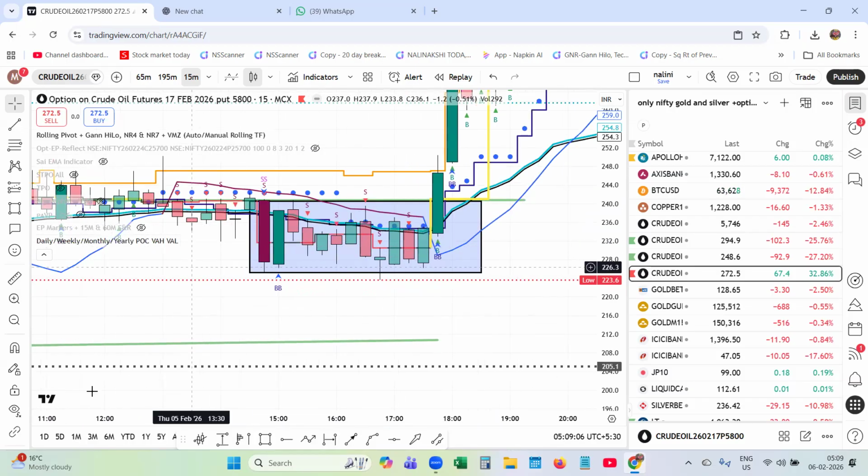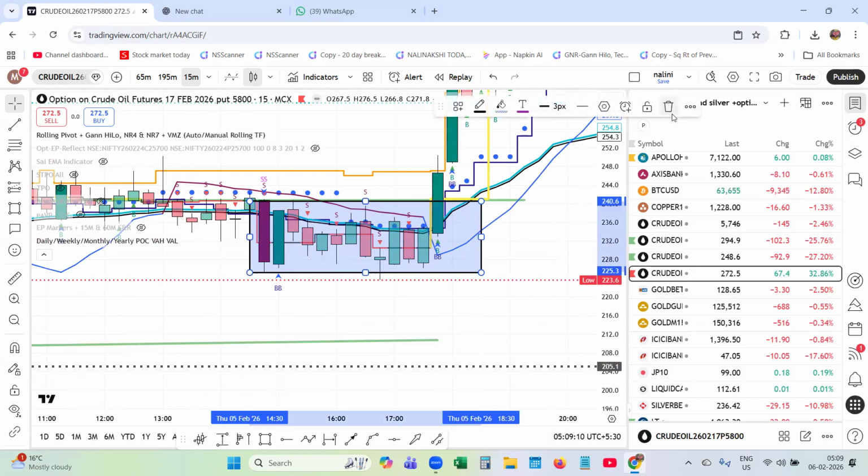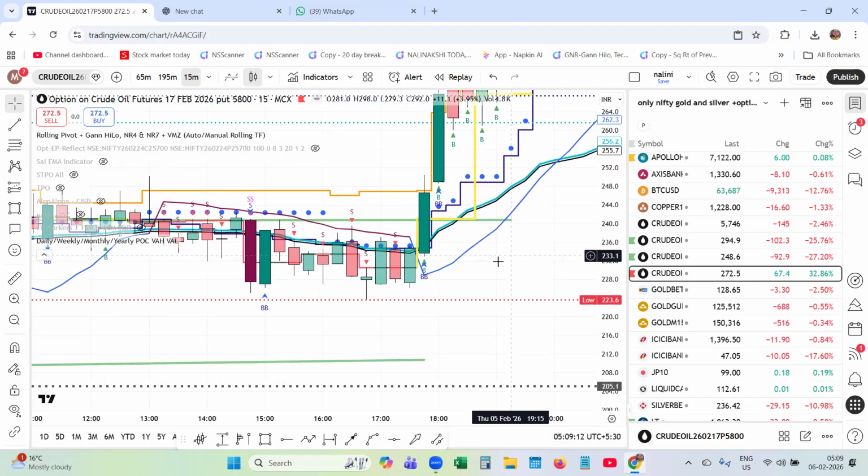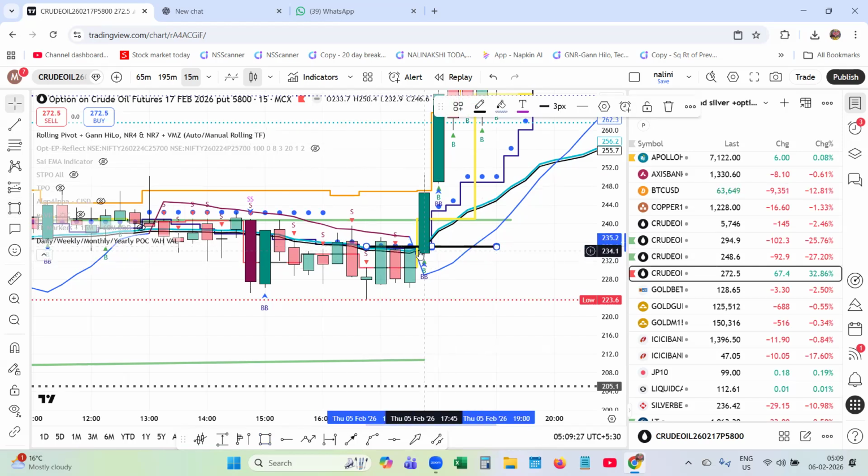So along with this, I am enabling the POC, I am removing this. Here, how beautifully the price climbs above the value zone, the option zone. Price is getting accepted at the POC. Price got accepted from the point of control.